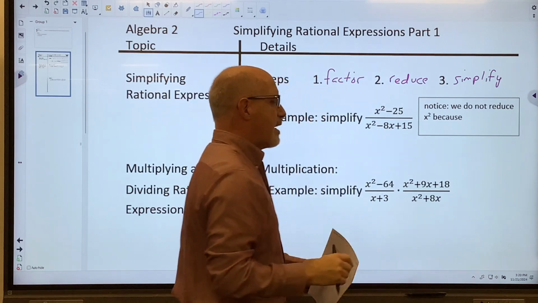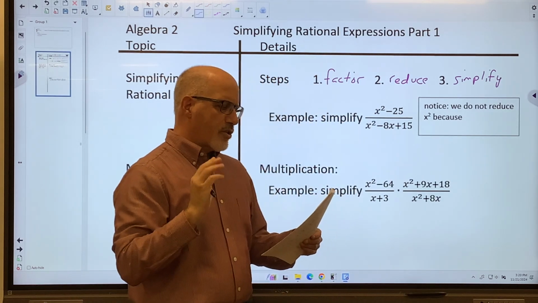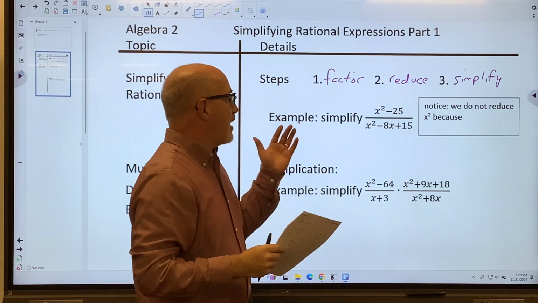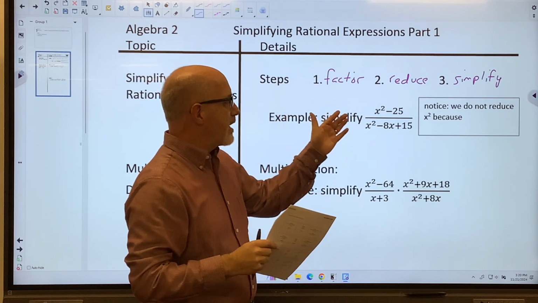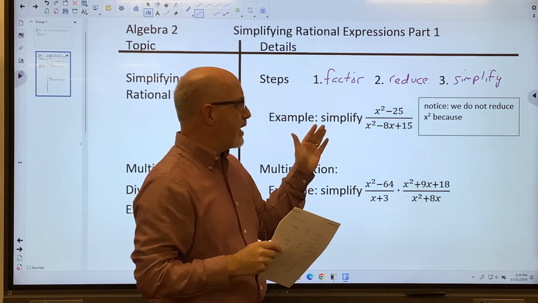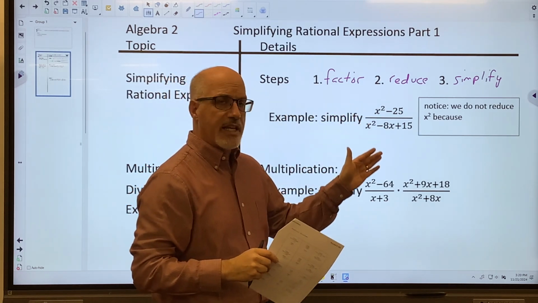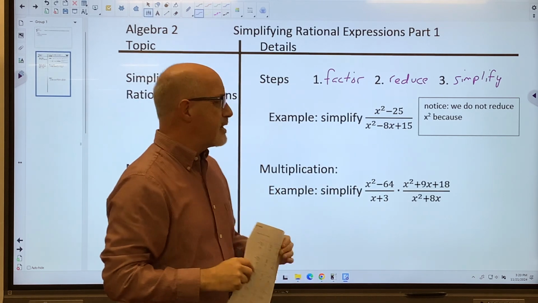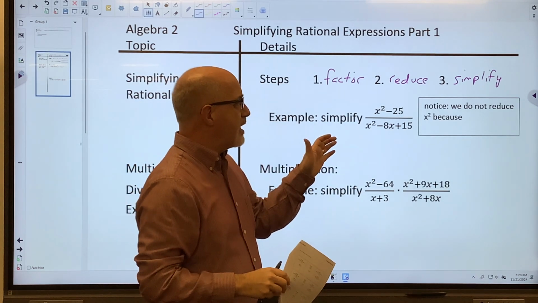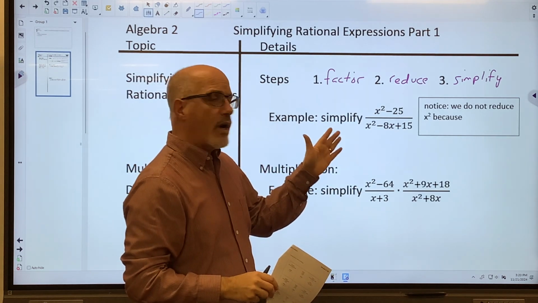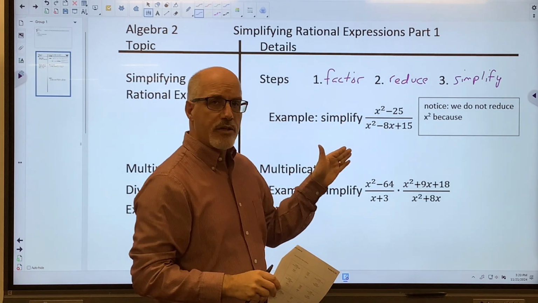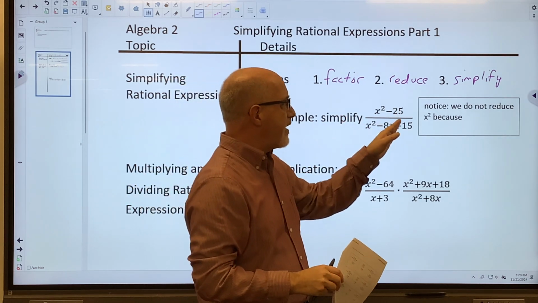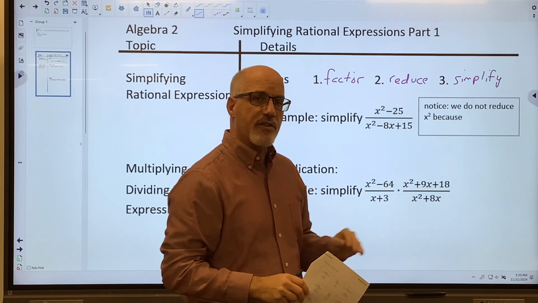So this first example, if you take a look at it, you want to make sure you notice that when we do the quantity x squared minus 25 over the quantity x squared minus 8x plus 15, one very common mistake is for people to look at this rational expression and want to either reduce the x squareds or to reduce the 25 and the 15 at the end by a factor of 5.